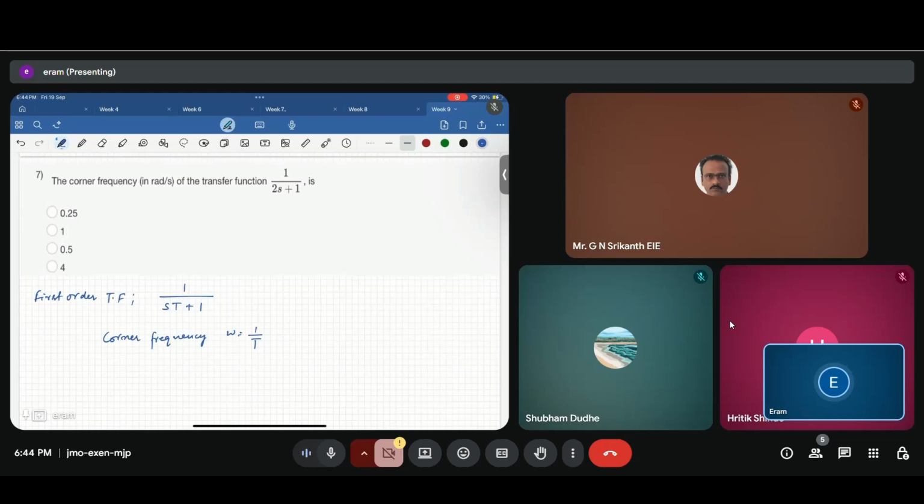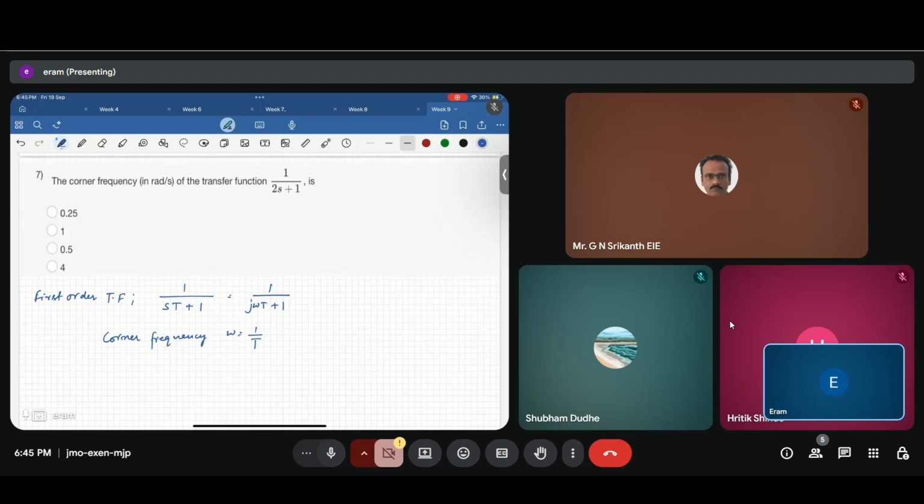Now can you find the corner frequency for this transfer function? What is T here?